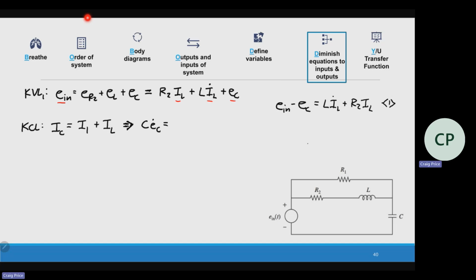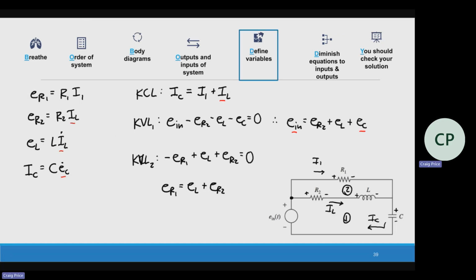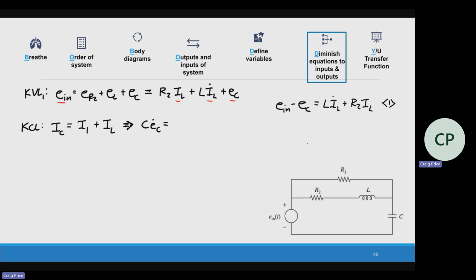I don't like I1. I want to get rid of it. So if I go back here, I only have one I1. It's right here. So I can say I1 is equal to the voltage ER1 over R1. Plus, I like this.